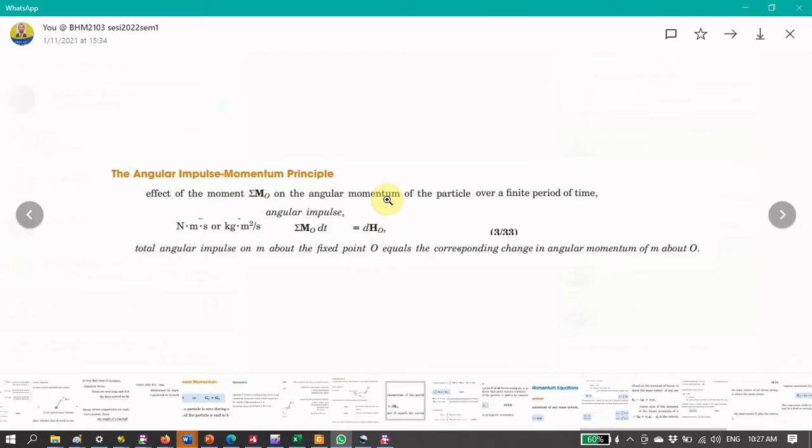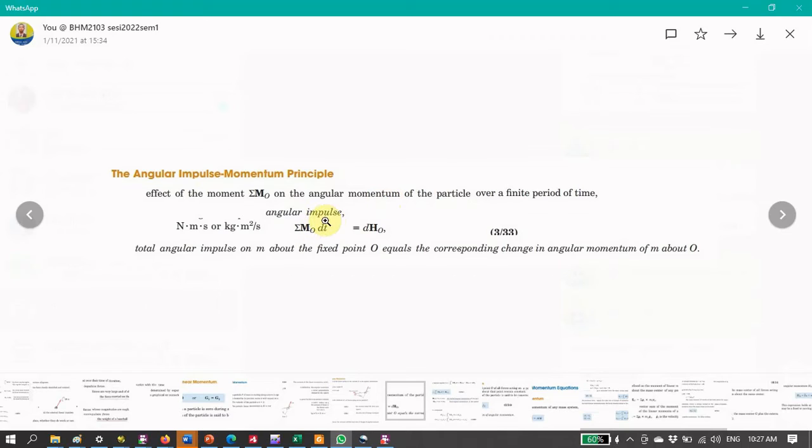If you calculate the angular impulse, whatever magnitude tells us the effect of the forces acting on the particles. Right, I think I made a mistake just now.